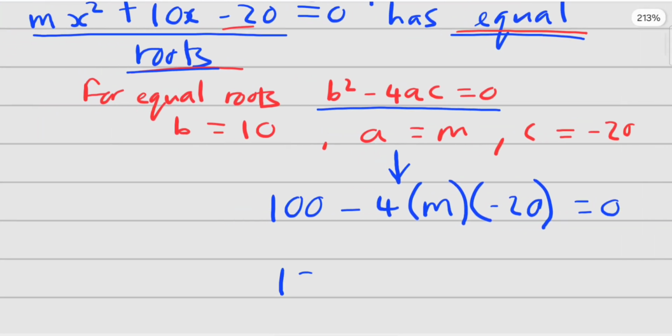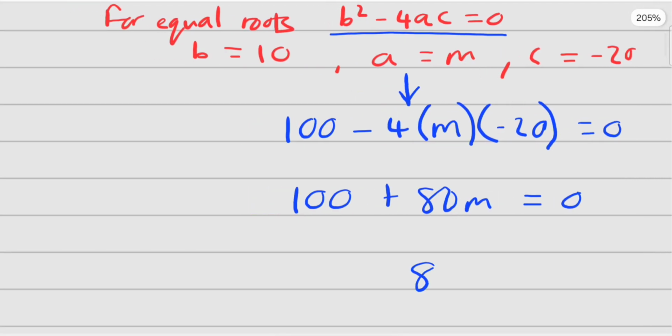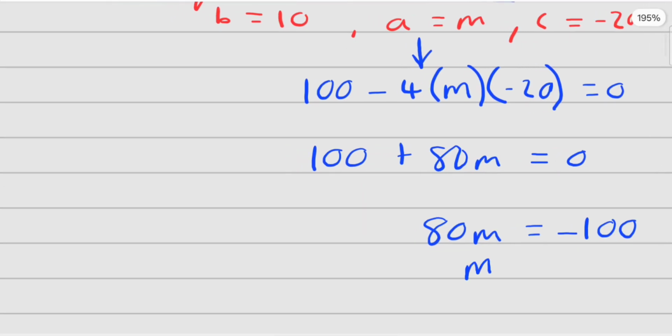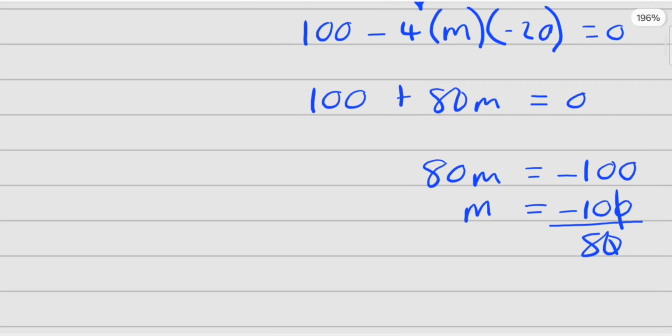Now this comes down to 100 plus 80m equal to 0, like that. And this will give us 80m equal to minus 100. And our m will be equal to minus 100 over 80, like that, right?